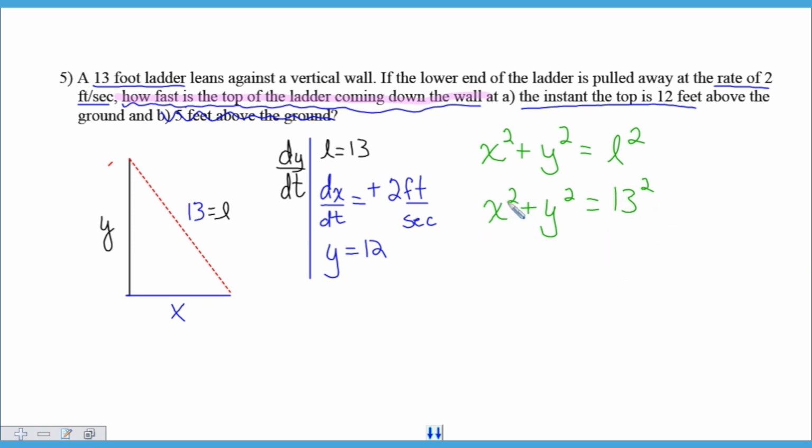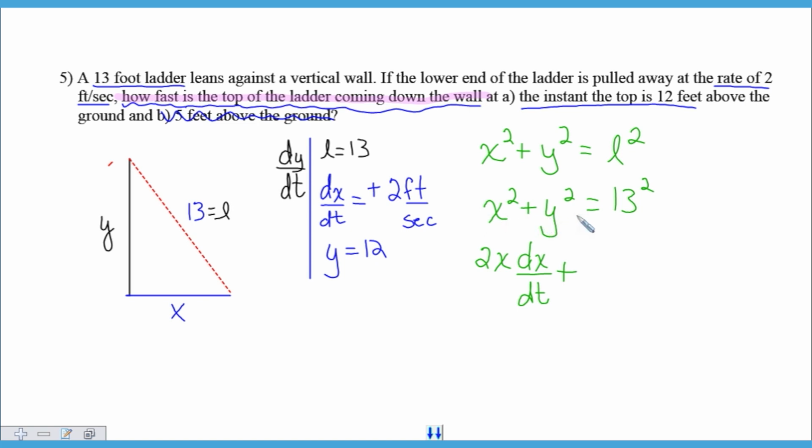So when I take the derivative, I'm going to do the power rule just like normal, but then I'm going to have to say dx dt because I'm taking the derivative with respect to time, so I must do that implicit differentiation. Okay? And everybody who's not a t, you're going to have to do that chain rule and do that implicit differentiation.